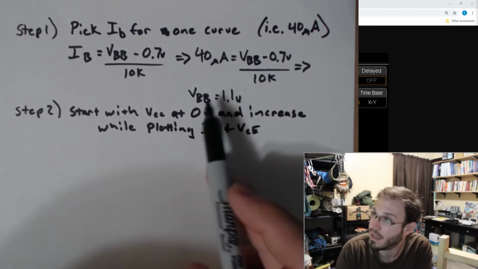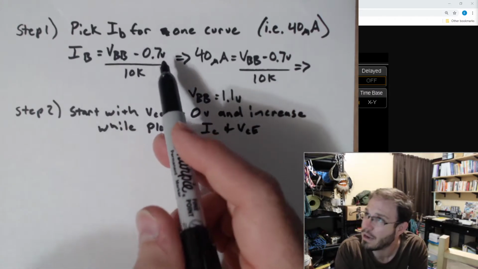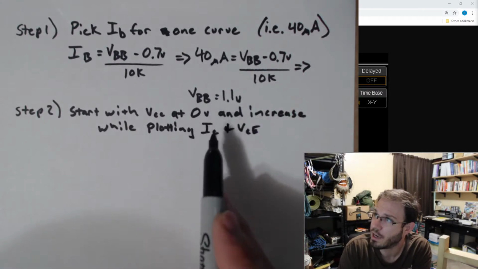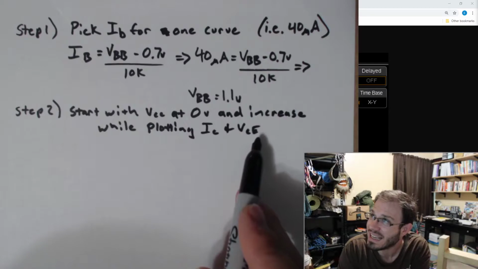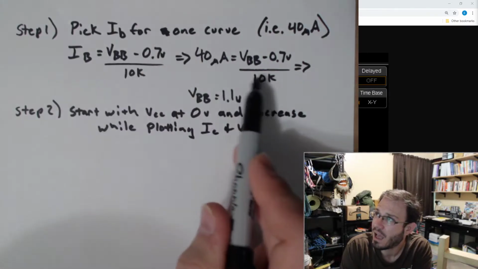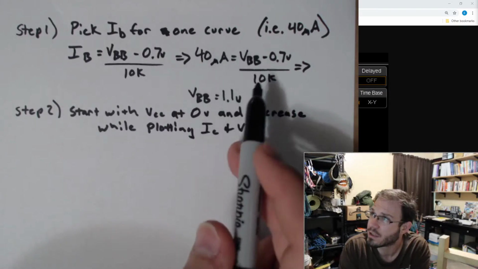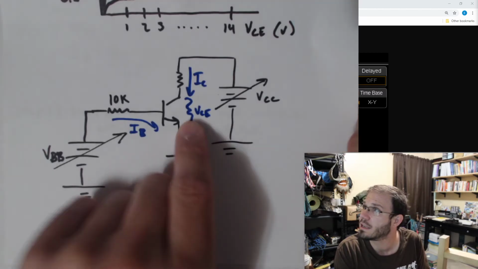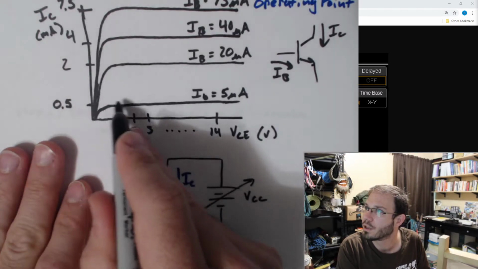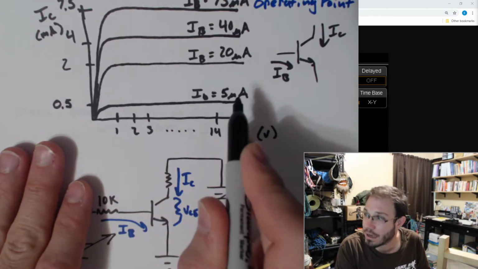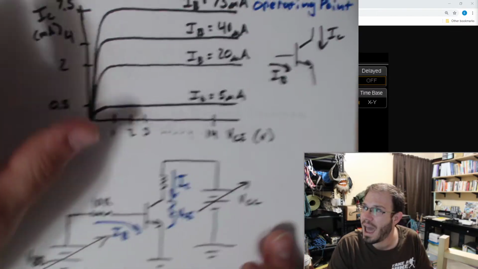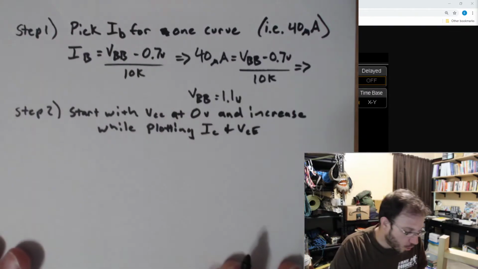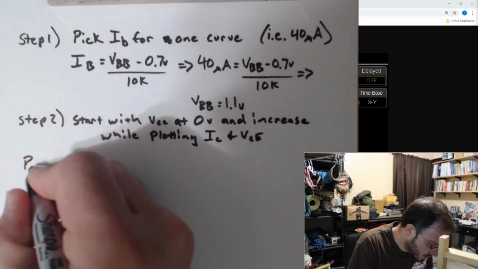So you can think of your IB as being that input, and then we're interested in what IC and VCE do at a fixed base current. These two steps with this circuit produce one curve on our characteristic curve. And then we repeat this over and over again.